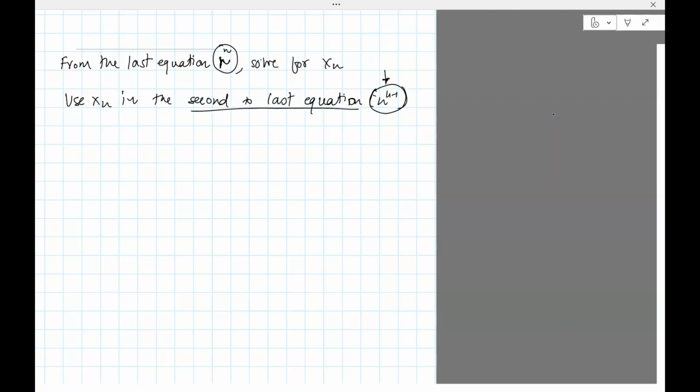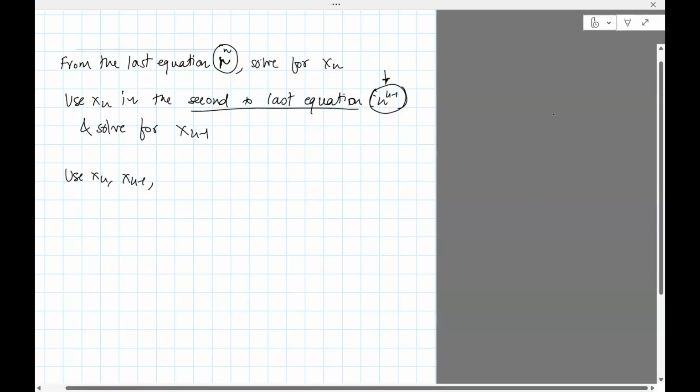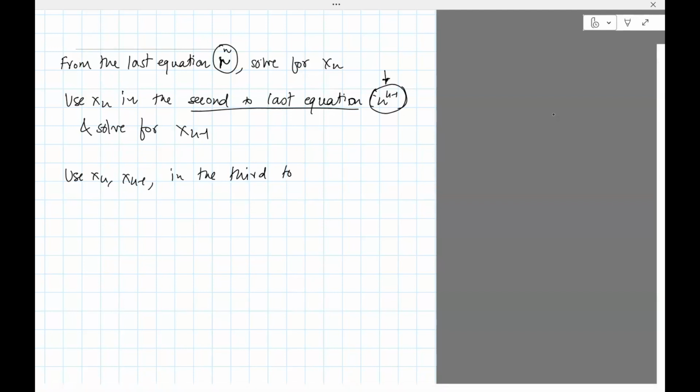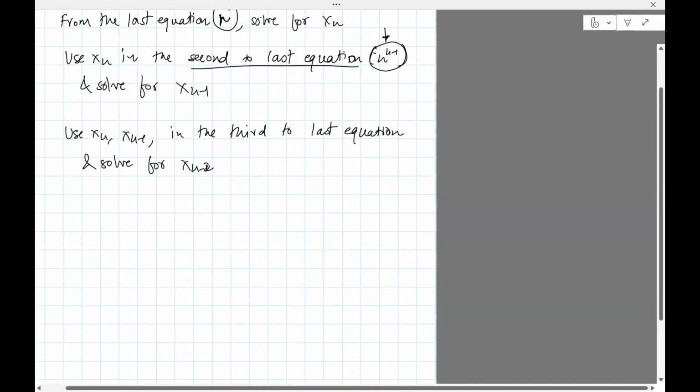But it's the second to last equation, and solve for xn minus 1. And then you'll use xn minus 1, that is the two values you obtained before, in the third to last equation, and solve for xn minus 2. So you keep doing that.